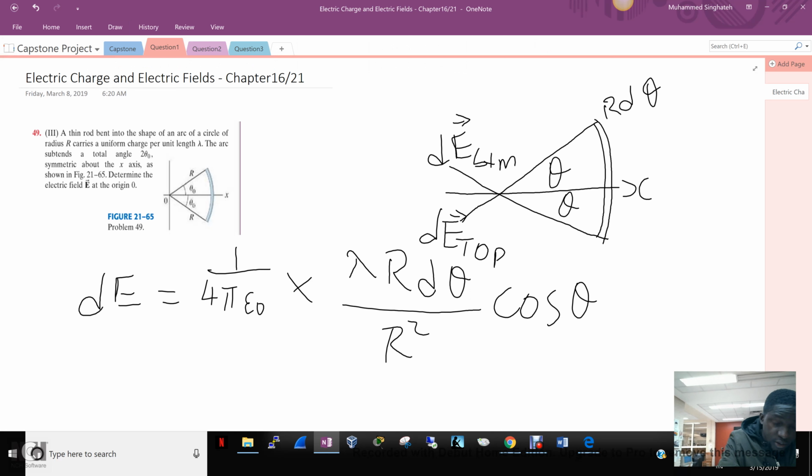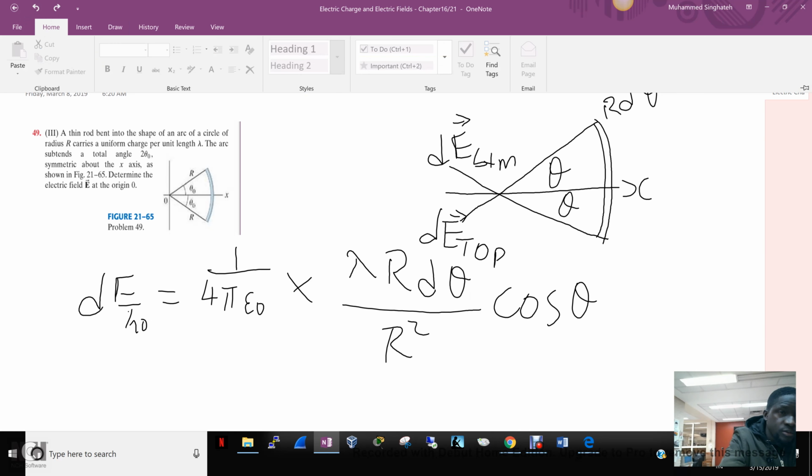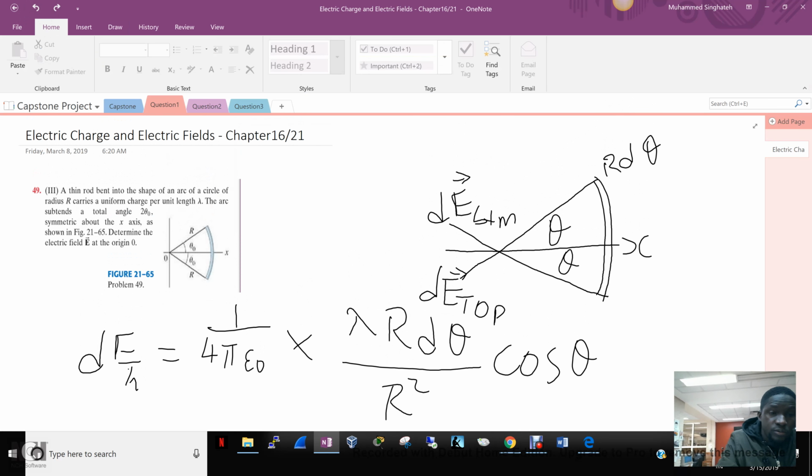This is going to be E horizontal, the electric field horizontally. E horizontal, the horizontal electric field.